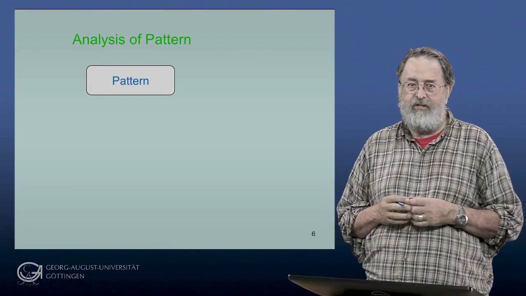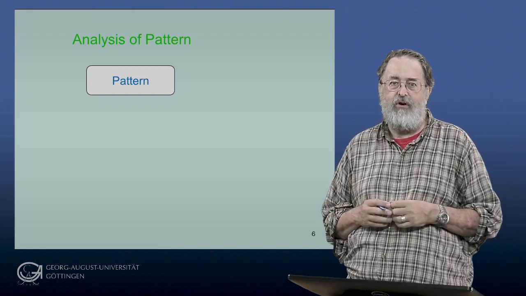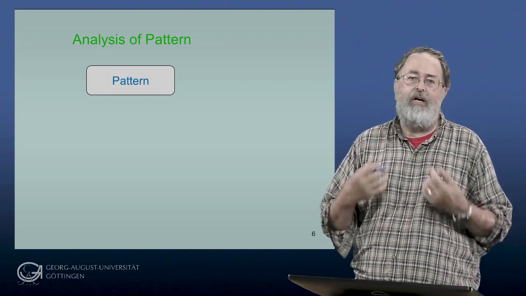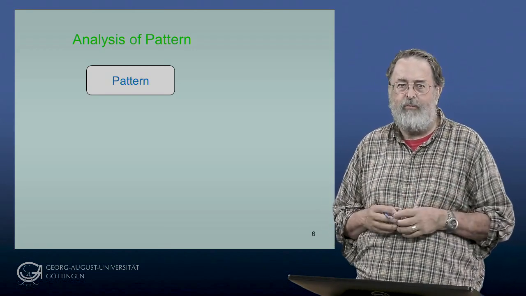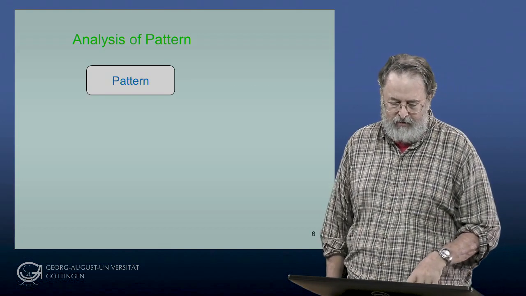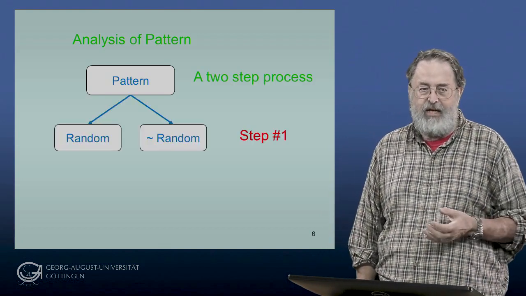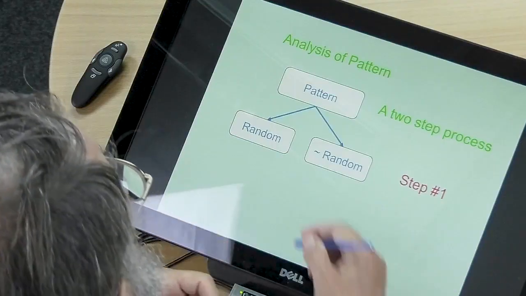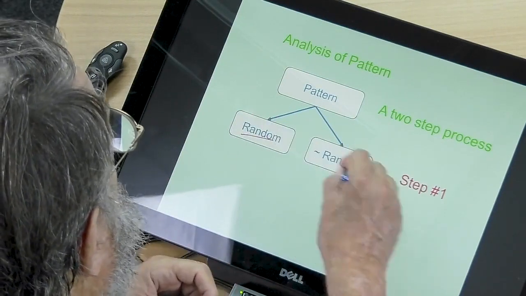And if you've had some statistics, you'll appreciate why it's done in this fashion. So what we do is we start with our pattern. We have our data, and we test it using, say, a chi-square test or some other appropriate test. And then in the first test we ask the question statistically, is this pattern random or not random?